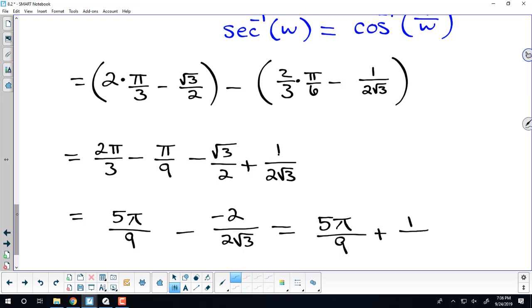I think that's, let me just double check. So that's root 3, plus 2, 3. Yeah, I think that's it. Is that what your computer told you? All right.